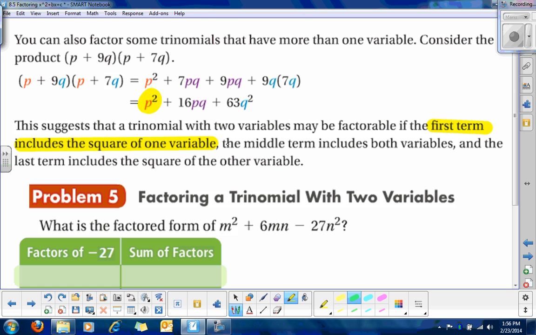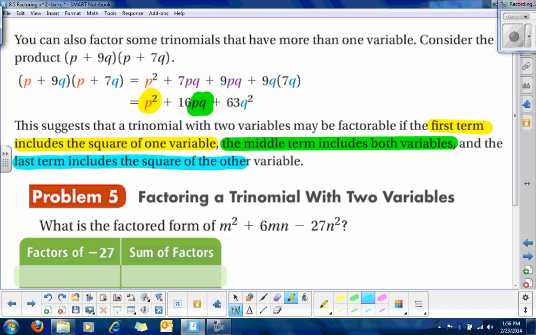Then the middle term includes both variables. So the middle term has both a p and a q. Yes, it does. Good. And then finally, the last term includes the square of the other variable. So the first one was p, the second one is q. There's my q. And it's squared. Good.